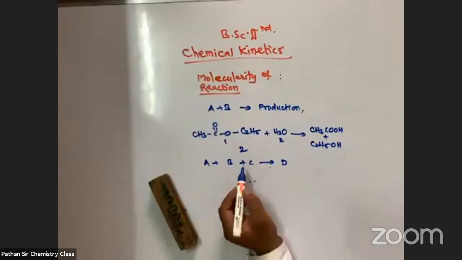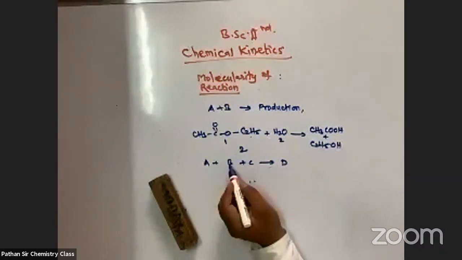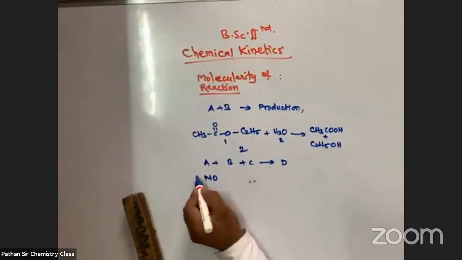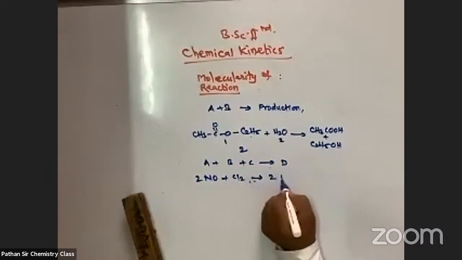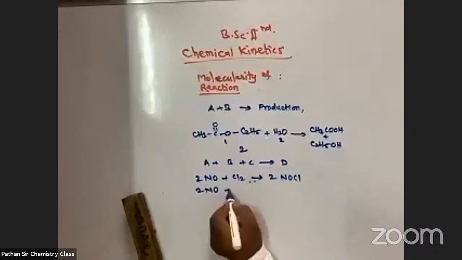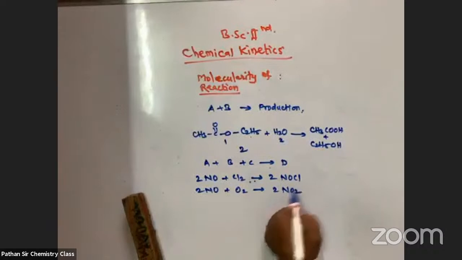Okay, then next, now A plus B plus C, 3 molecules are used for the reaction. For example, 2 NO plus Cl2 with the formation of 2 NOCl, or 2 NO plus O2 with the formation of 2 NO2.